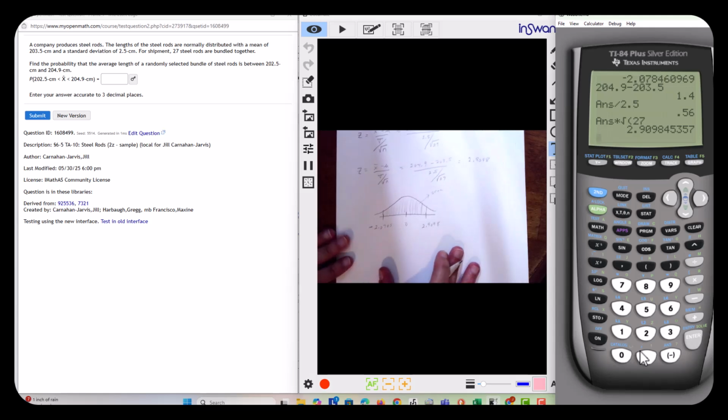Okay. So on the TI, normal CDF, put your two endpoints in, negative 2.0785, comma, 2.9098.